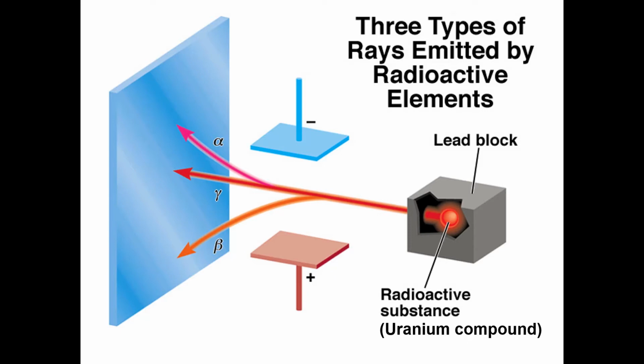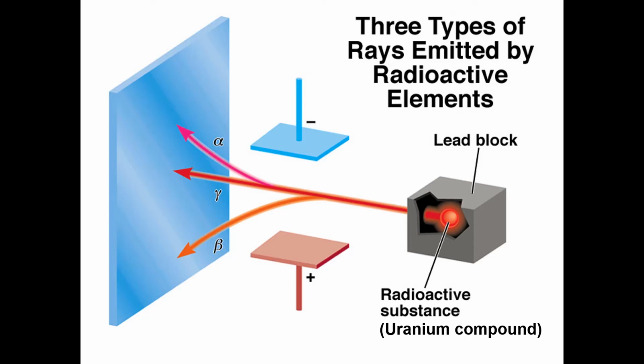One of them stays in the middle, one of them moves upward towards the negative side of the electrical field, and another one moves to the bottom towards the positive side. The ones moving up, which were called alpha, must have had a positive charge.